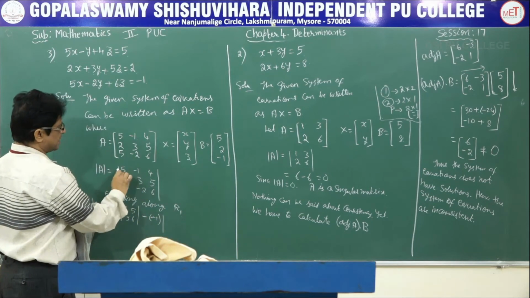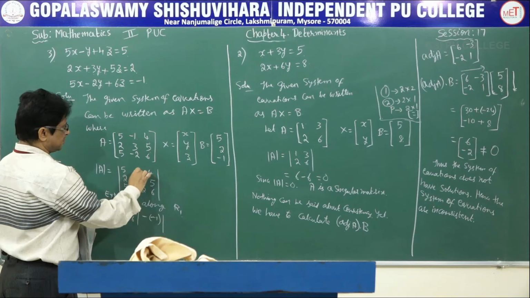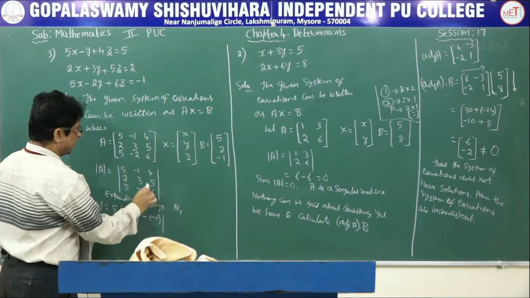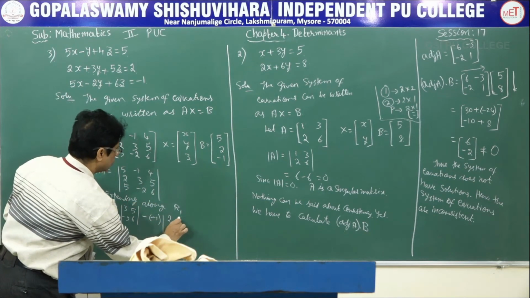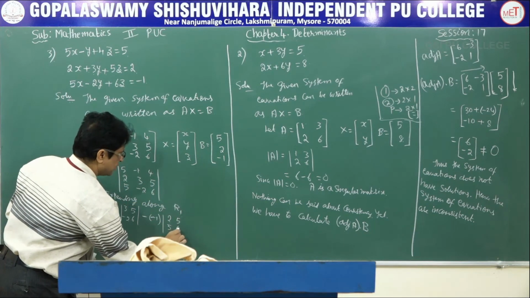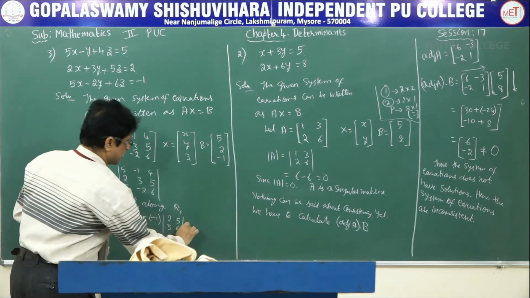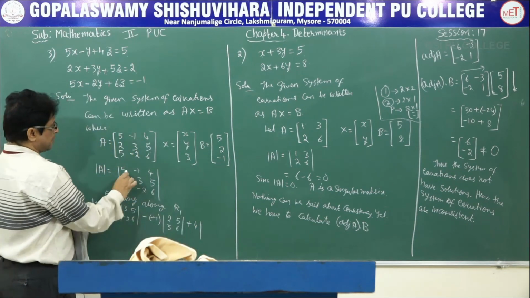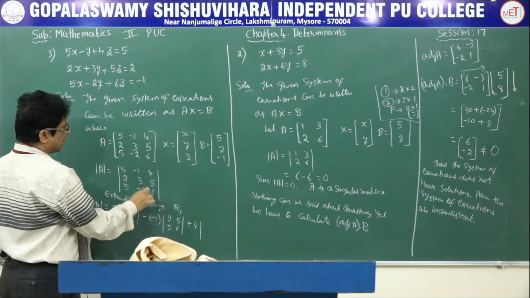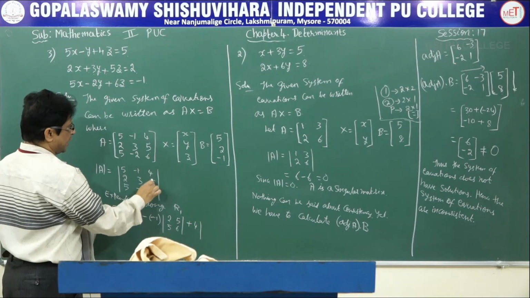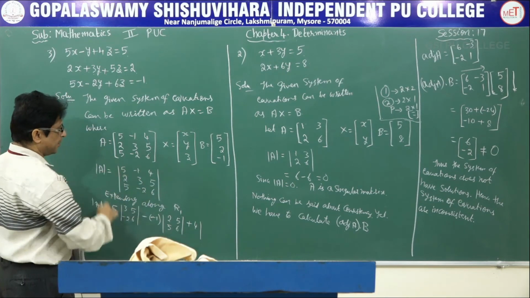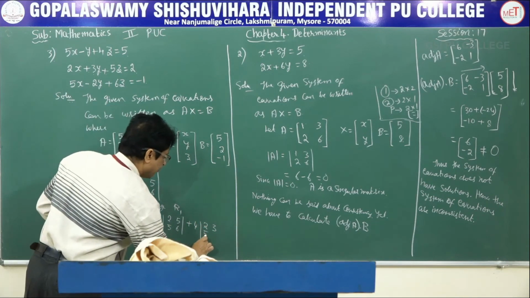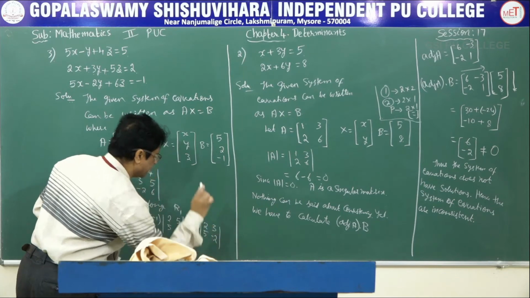So, minus 1 lies in the first row, second column. Eliminate the first row and second column and take the determinant of the remaining elements, that is 2, 5, 5, 6. Next, plus 4 into determinant of, so 4 lies in the first row and third column. Eliminate the first row and third column and take the determinant of the remaining elements, 2, 3, 5, minus 2.